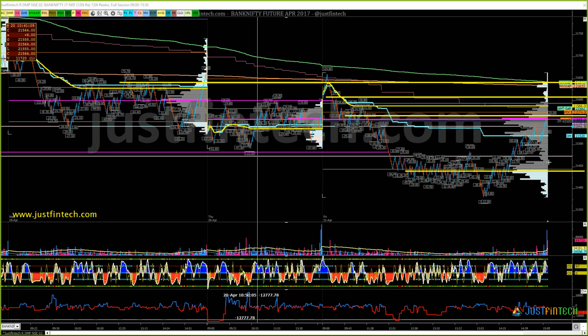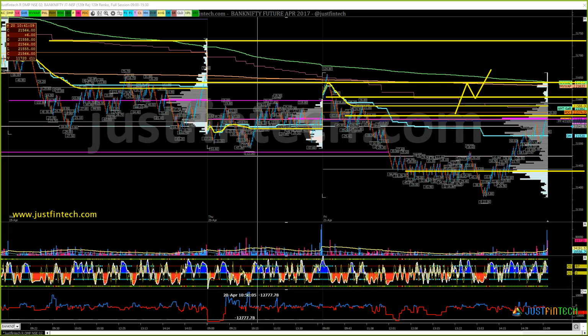21,440 kind of zone. So expecting open and either open and drive higher and push through the highs and go into the 21,740 kind of zone. If that doesn't happen, then push back down through this into this LVN and then try to again push higher. So might do that as well.